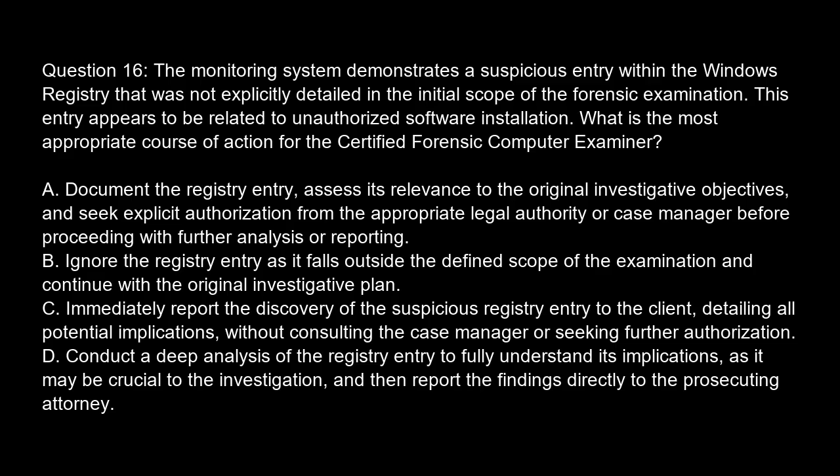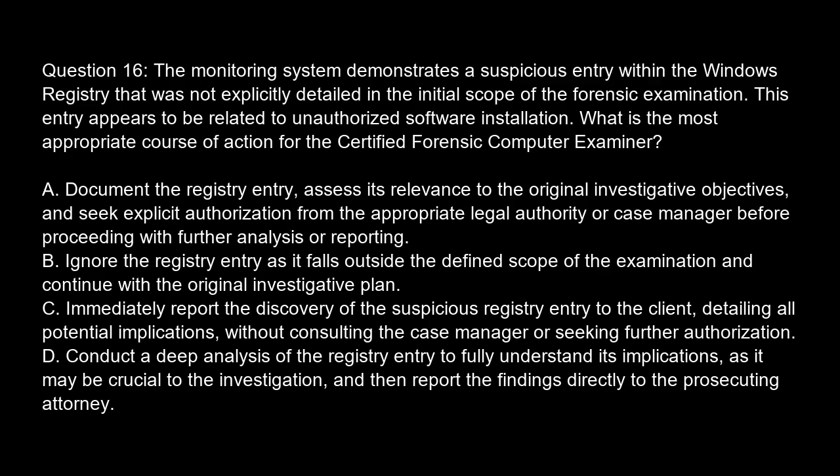Option A. Document the registry entry, assess its relevance to the original investigative objectives, and seek explicit authorization from the appropriate legal authority or case manager before proceeding with further analysis or reporting. Option B. Ignore the registry entry as it falls outside the defined scope of the examination and continue with the original investigative plan.